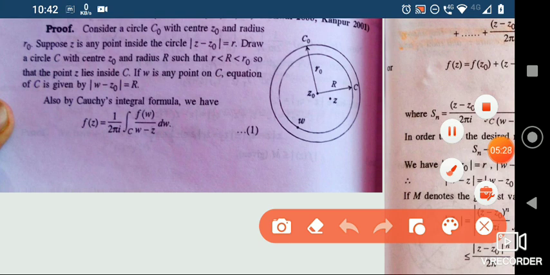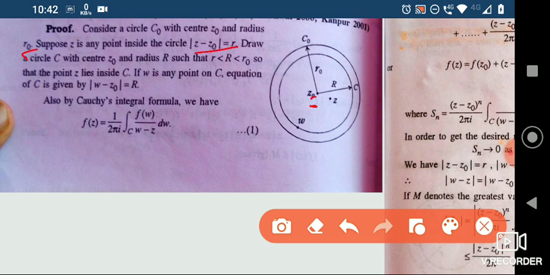Suppose Z is any point inside the circle, and Z minus Z naught is equal to R. This is how we write the equation of a circle in complex analysis. We already solved some problems using this. Z naught is the center here, and R is the radius. This is not the same as R naught which is used here, and this is not the same circle.